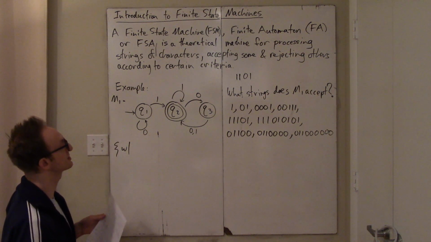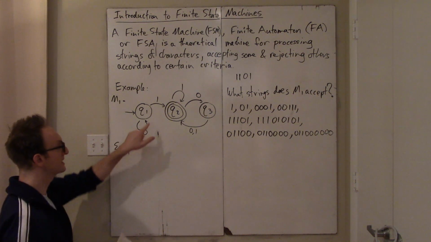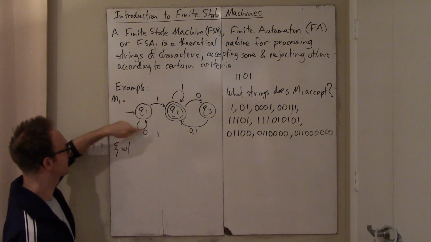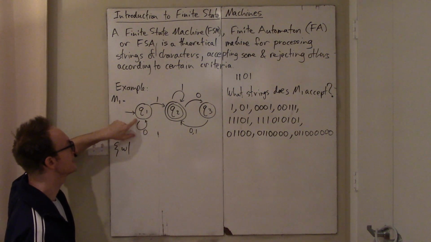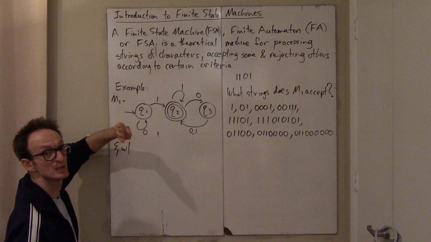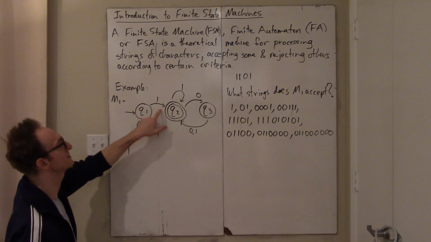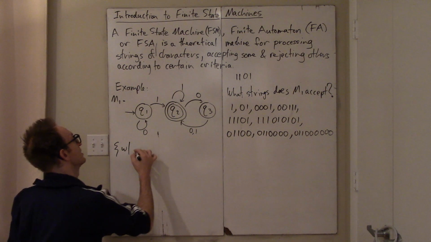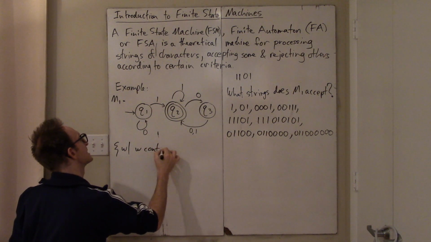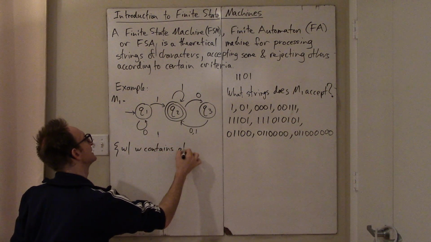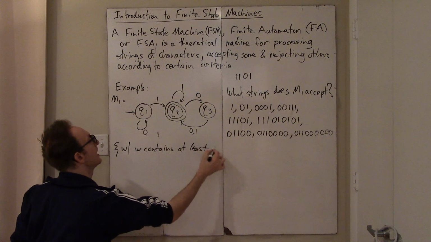There's got to be at least a 1, because I start in state Q1, and if the string consists of only zeros, then there's just no way that this machine is going to ever get to Q2. So to get to Q2, I have to have at least a 1. So W contains at least a 1.